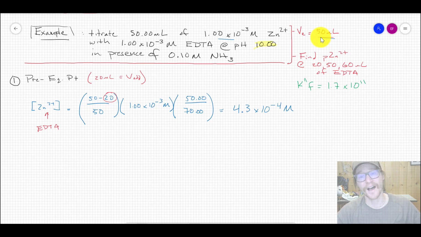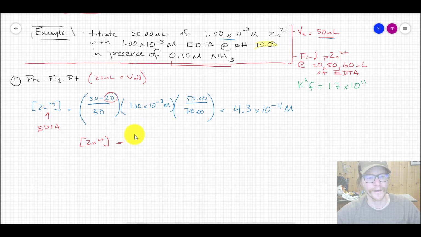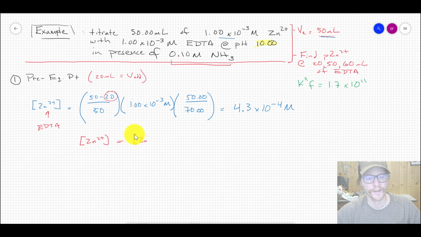But it has not considered the fact that this is also in the presence of this other auxiliary complexing agent, ammonia, which is our second step and is the new step added to the system that you haven't done. So now we just need to multiply our original zinc concentration. I'll write that as zinc after EDTA.